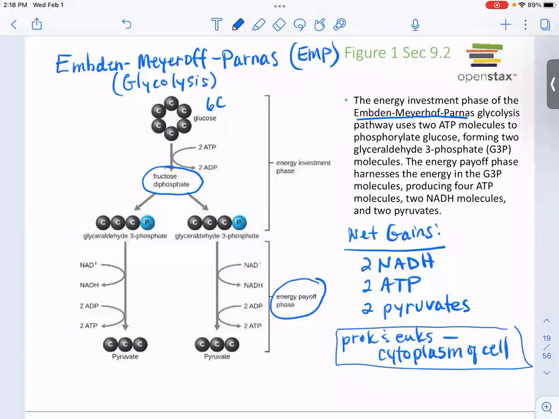What kind of organisms? Pretty much everybody. Very popular. There are a few bacteria that are deficient in one of the enzymes, and so they are not able to do the Embden-Meyerhof-Parnas glycolysis. So we'll talk about that next.